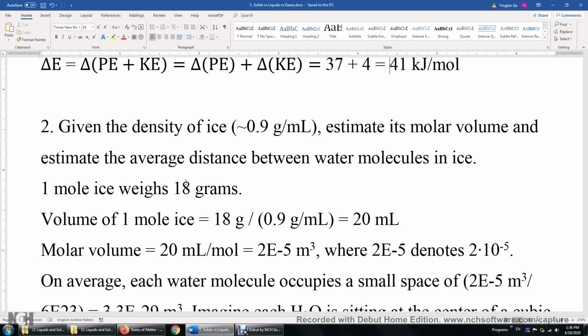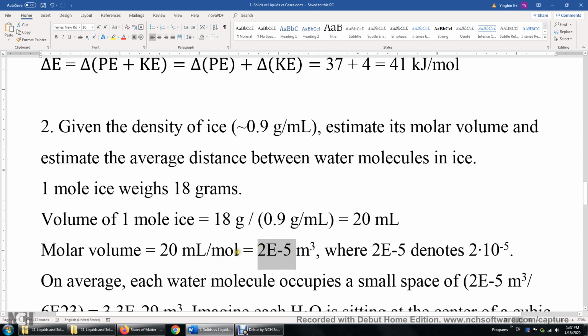We know 1 mole of ice weighs 18 grams. Given this density, we know 18 grams divided by density is 20 milliliters. That's the volume of 1 mole ice.